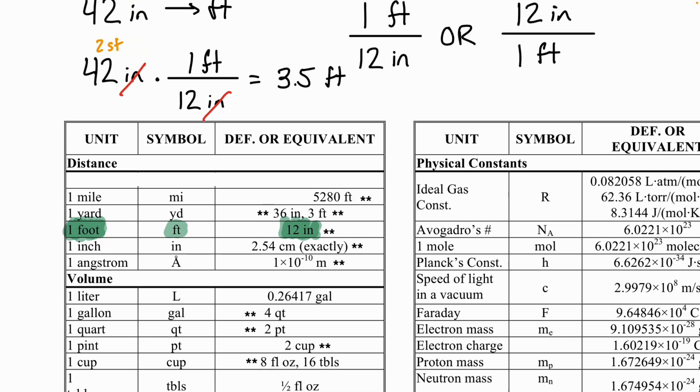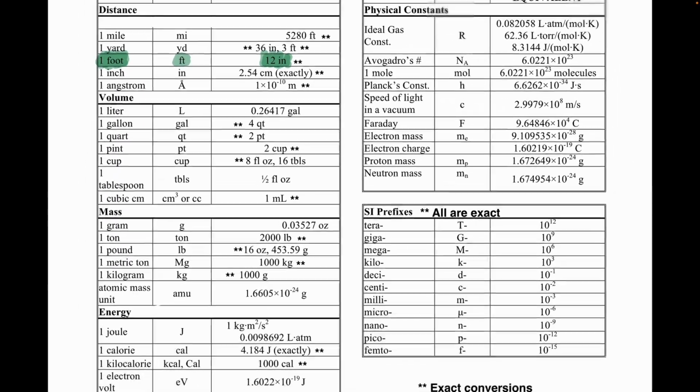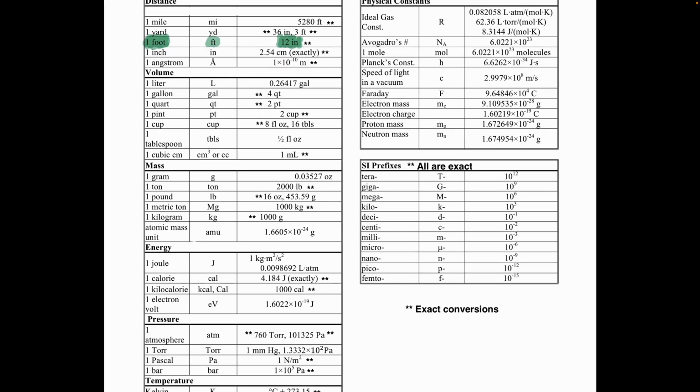So just like before, this is yet another exact conversion factor, meaning it's not going to limit my sig figs. The vast majority, not all of them, but the vast majority of our conversion factors are indeed exact. They're based on definitions. There are some that you got to watch out for, right? Notably converting from grams to ounces or from pounds to grams here. Those do not have those asterisks and would not be considered exact.